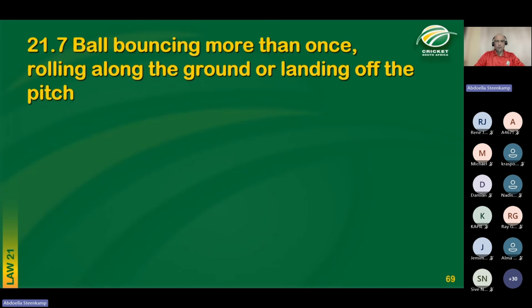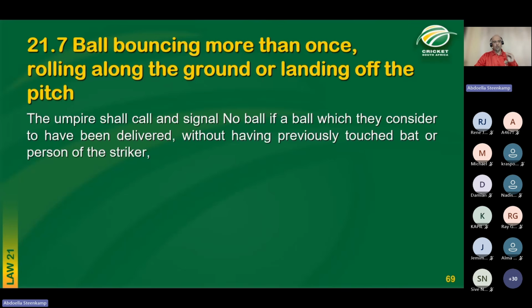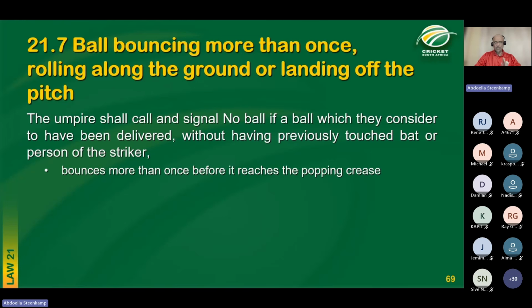When it comes to the ball bouncing more than once, or rolling along the ground, or landing off the pitch, the law only wants the ball to bounce once before reaching the popping crease. It's only allowed to bounce once. If it bounces more than once, and emphasis on more than once, before reaching the popping crease, you need to intervene as the umpire by calling and signaling no ball.